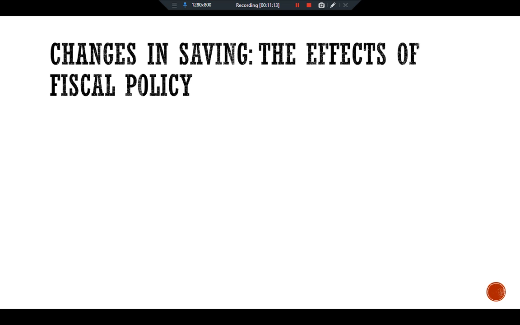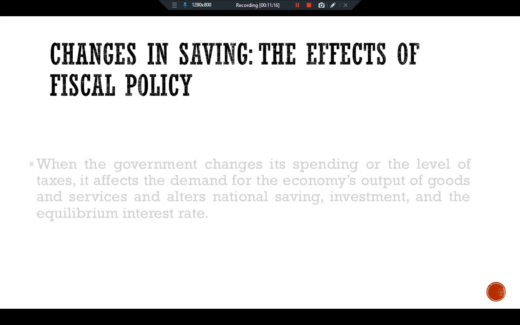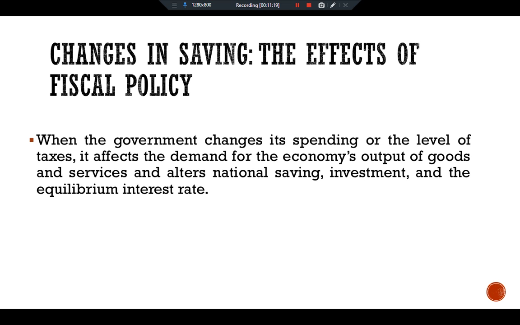Okay, changes in saving: the effect of fiscal policy. The model shows that fiscal policy affects the economy. When the government changes its spending or the level of taxes, it affects the demand for the economy's output of goods and services and alters national saving, investment, and the equilibrium interest rate.